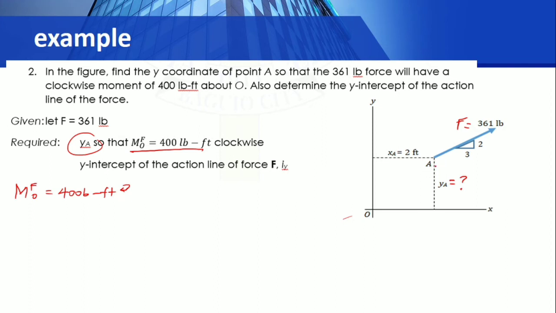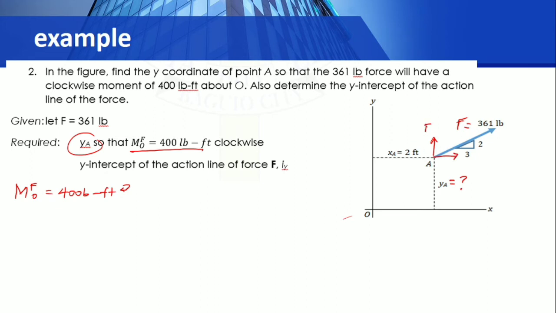So, paano natin kukunin yon? So, sabi natin dun sa Varignon's theorem, yung moment nitong F is yung summation ng moment ng kanyang components. So, kunin natin yung component niya. So, meron tayong y component tsaka x component.